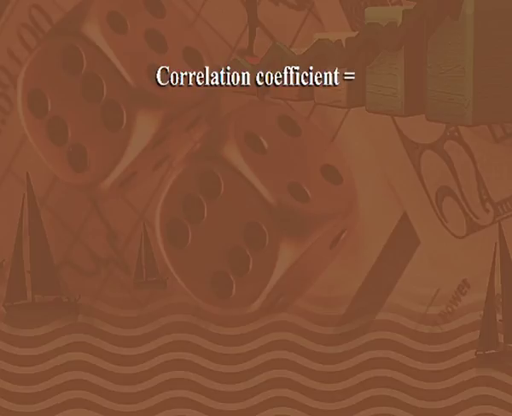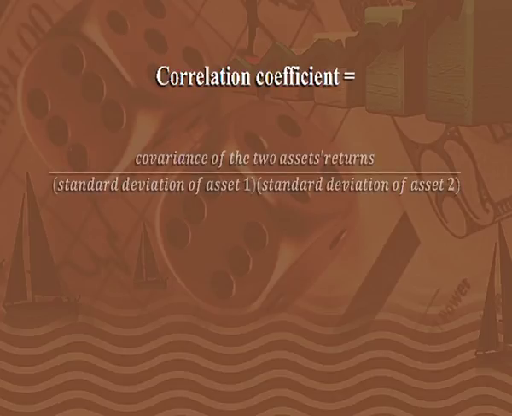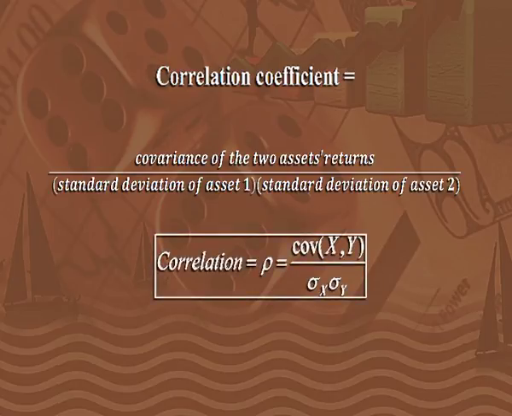Correlation coefficient is equal to covariance of 2 assets returns divided by standard deviation of asset 1 multiplied by standard deviation of asset 2. Correlation is equal to covariance xy divided by standard deviation of x and y.